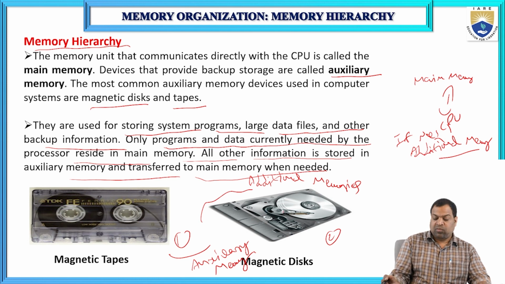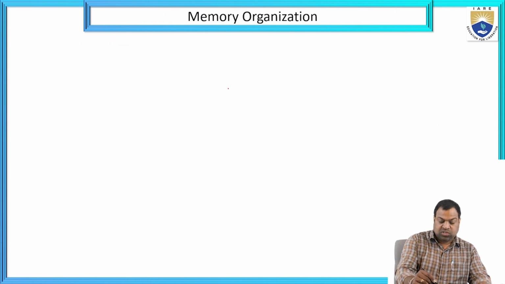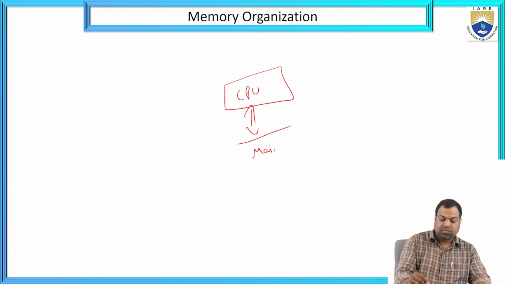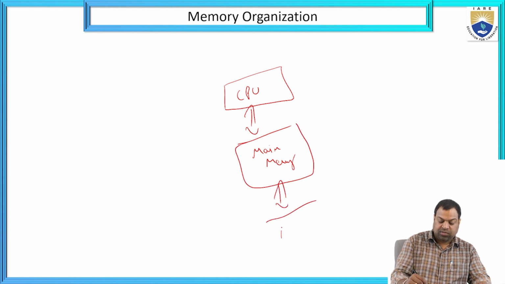Okay, so what is processing going on means, suppose CPU, main memory, and the auxiliary memory.